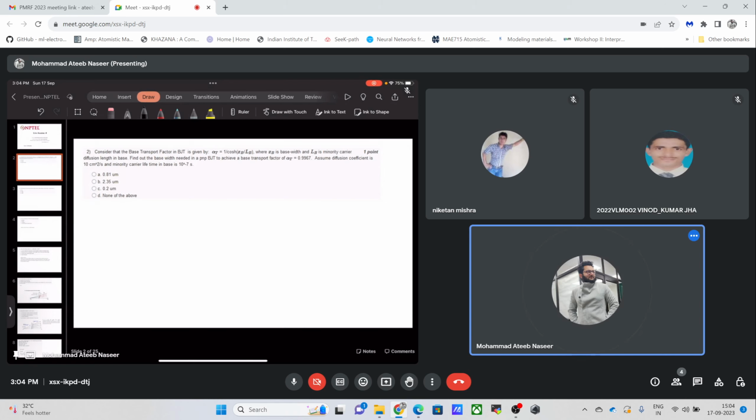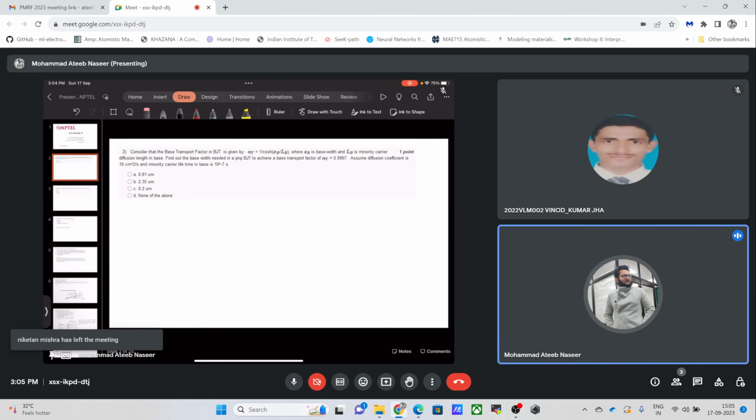So this problem states that we have to consider a BJT which has a base transport factor given by alpha t.